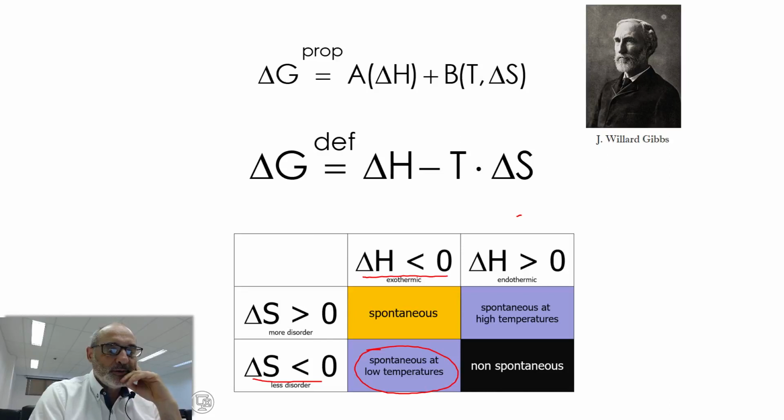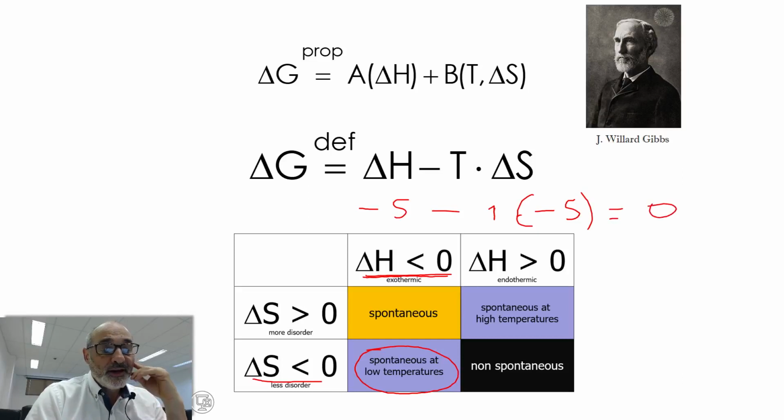So let's suppose we have the same numbers, minus 5 here, and suppose the temperature is 1. So now we have minus 5 plus 5, I have 0.